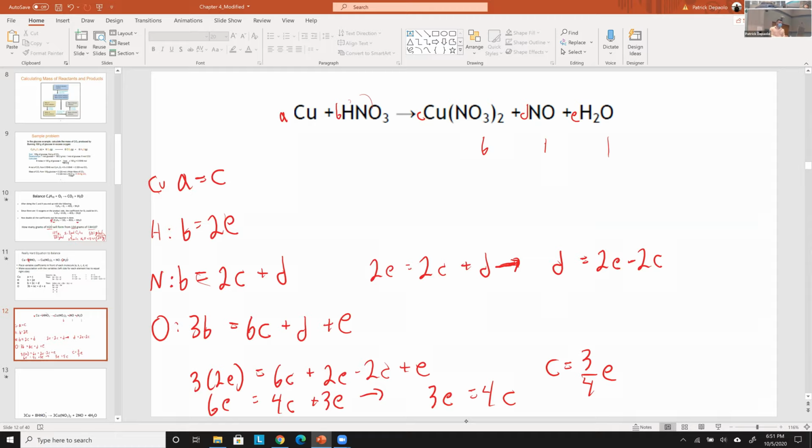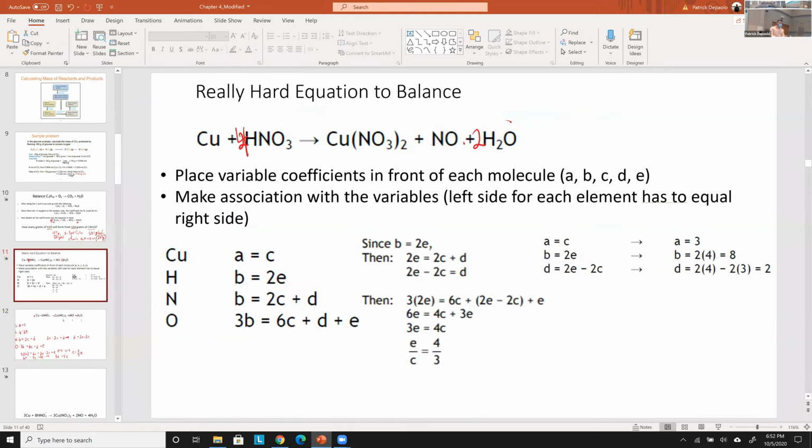Basically, if you look at 3E equals 4C, you know that the simplest answer is E has to equal 4 and C has to equal 3. That's the simplest way for this to work. And the way they represent it is you can manipulate this equation to get this expression right here. The ratio between E and C is 4 over 3.